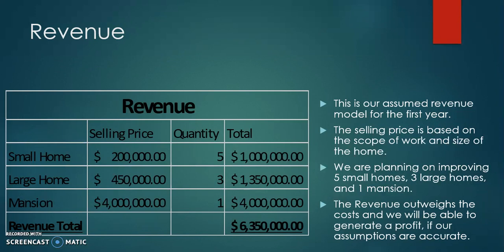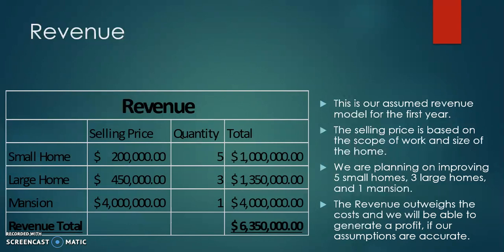Here is our revenue. So we assume for the first year that we'd be able to sell 5 small homes, sell 3 large homes, and 1 mansion. Of course, the selling of each home includes doing the improvement on it first. The selling price is based on the scope of work and the size of the home.